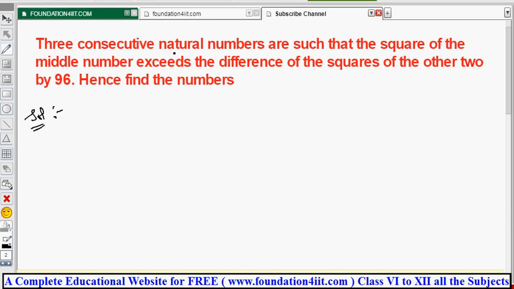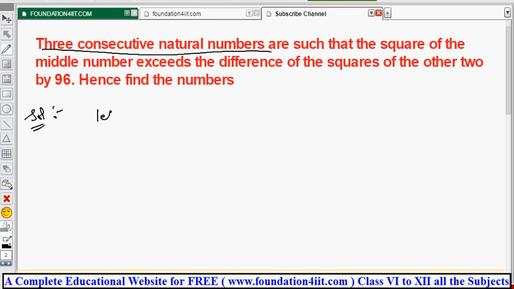So any three consecutive natural numbers such that the square of the middle number exceeds the difference of the squares of the other two numbers by 96. Only one statement. The first statement is that there are three consecutive natural numbers. And the middle number exceeds. So let us take the middle number to be x.